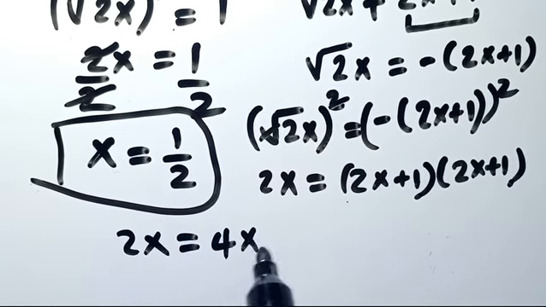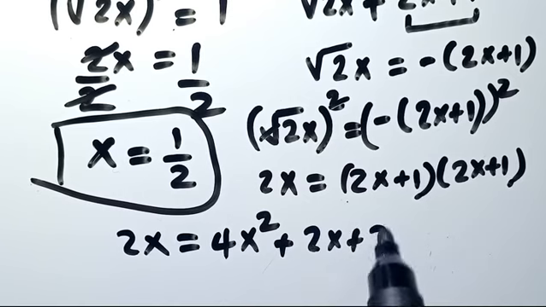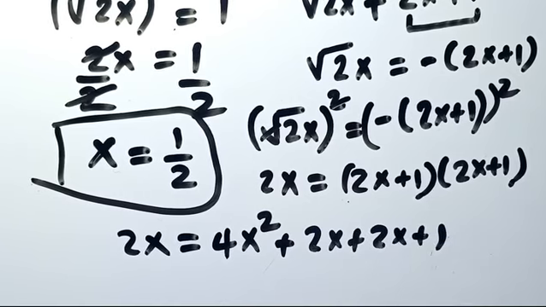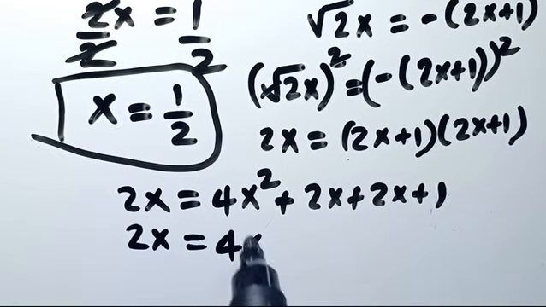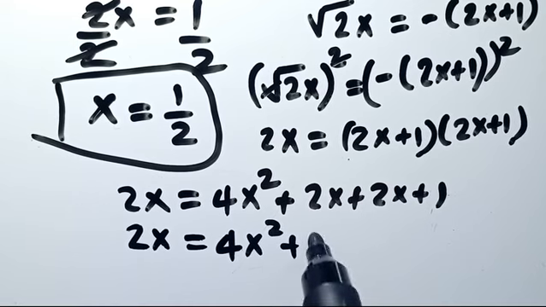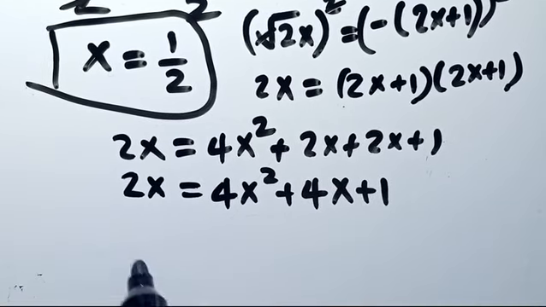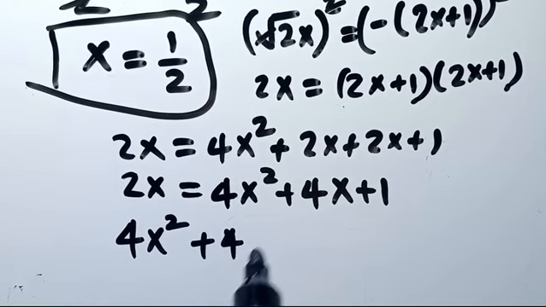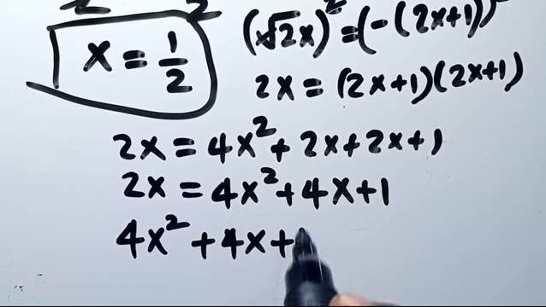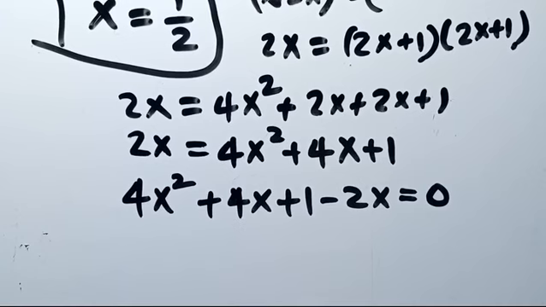Here will be 4x squared, this will be 2x plus 2x plus 1. We have 2x equals 4x squared plus 4x plus 1. We have 4x squared plus 4x plus 1 minus 2x equals 0.